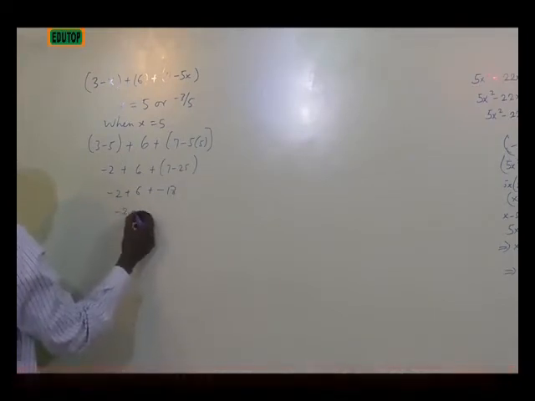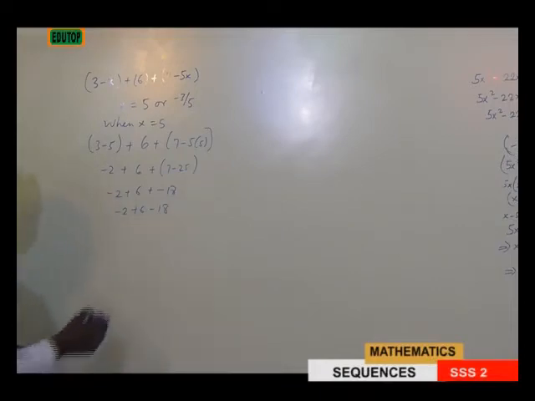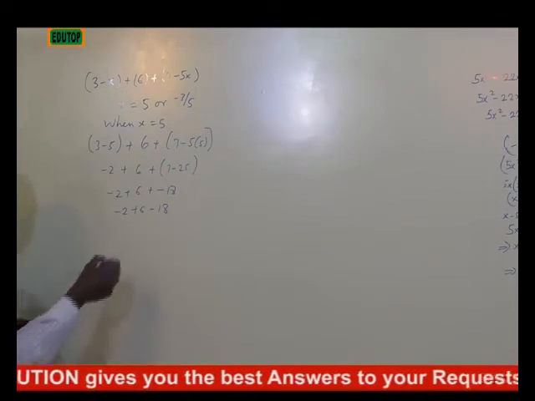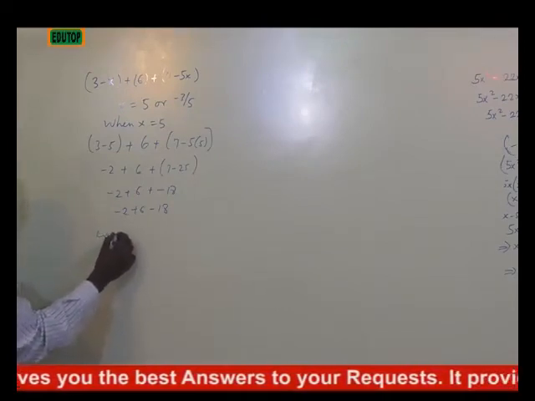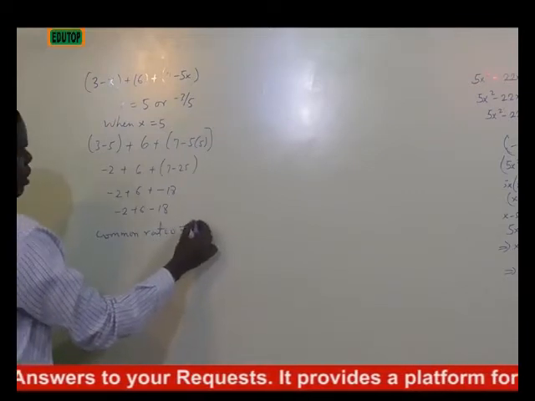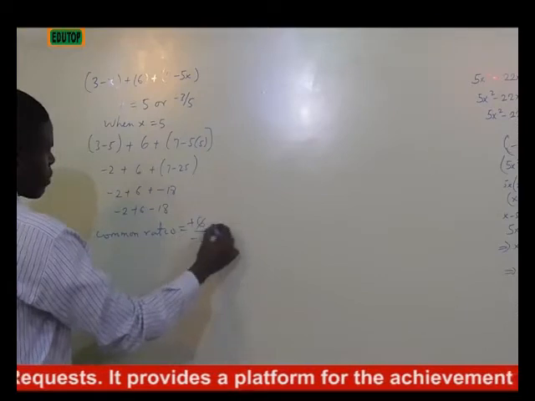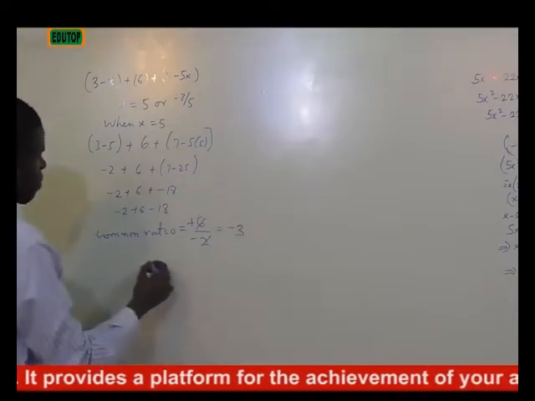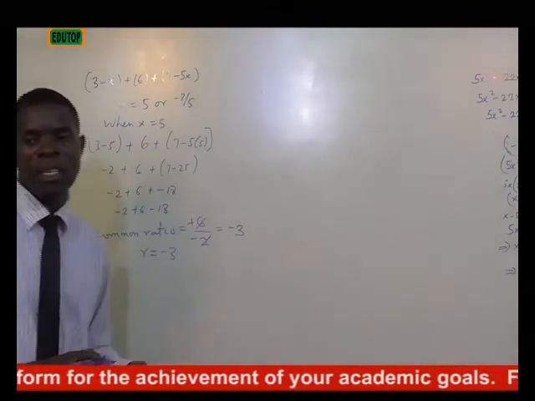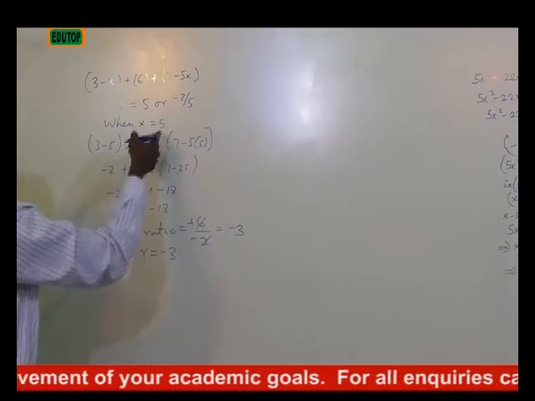So we have minus 2 plus 6 minus 18. So this is the trend. Since our interest is to look for the common ratio, it will definitely be 6 divided by minus 2, and that gives minus 3. So the common ratio is minus 3 for the case when x is 5.